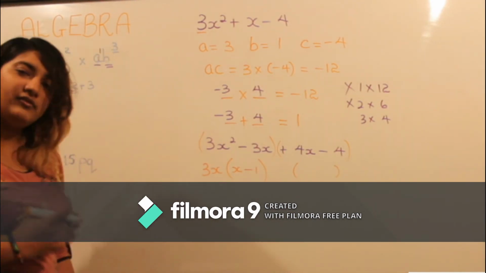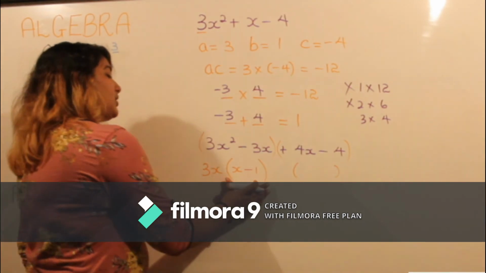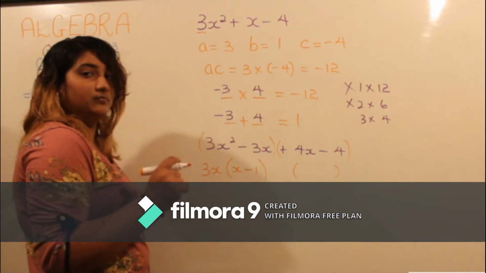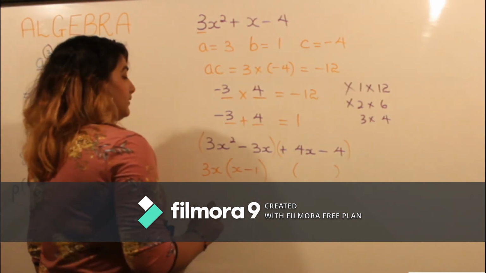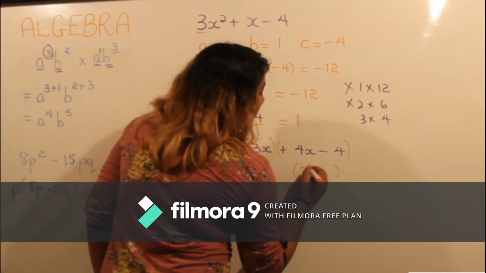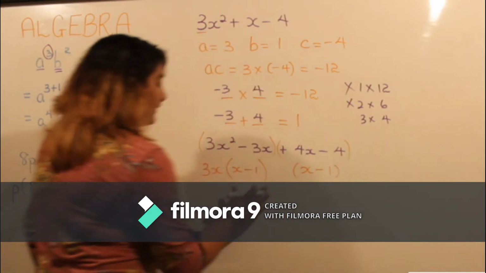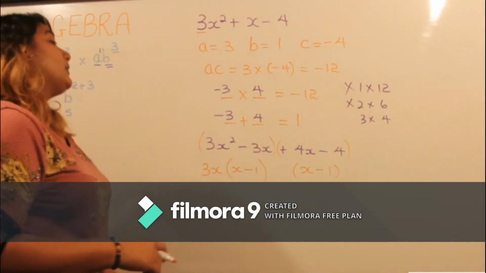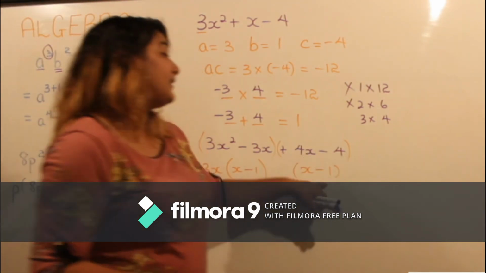Because for complete factorization, I need to make sure I have another common factor involved in my expression. So here I have x minus 1, and because I know I want this bracket to look exactly like this one, I'm going to just write that in there. Alright, and now we're going to see what we factor out so we get this back.